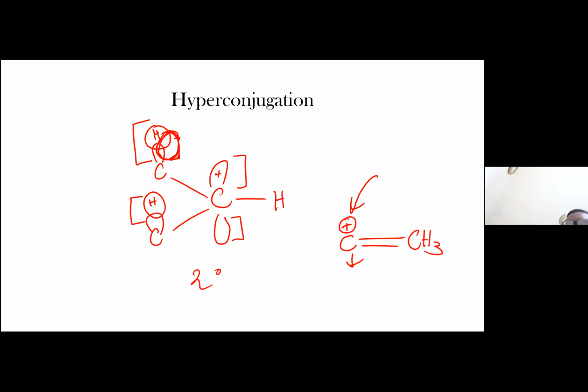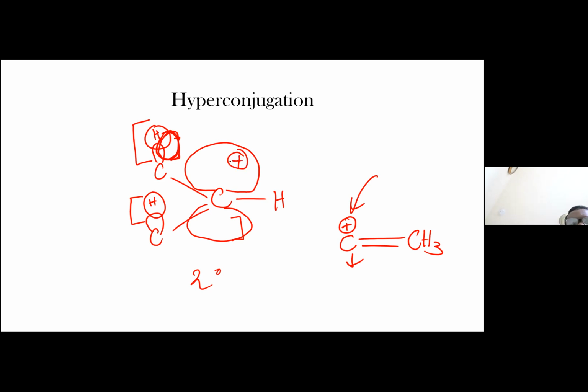So the key aspect of this is that we're not overlapping electrons, we're overlapping hybrid orbitals. When you have this carbon with a plus charge, that means it's electron deficient. Let me draw this p orbital a bit better. It has that positive charge because it's missing electrons in that p orbital.